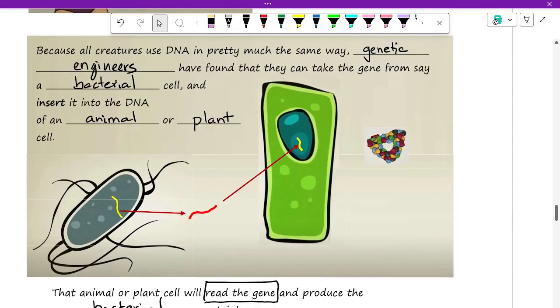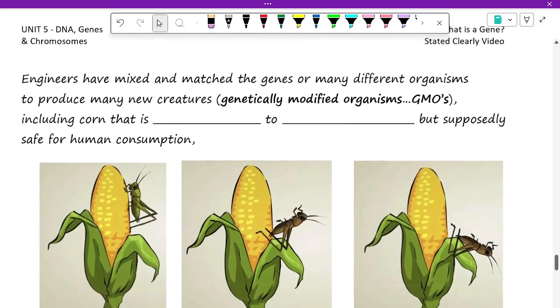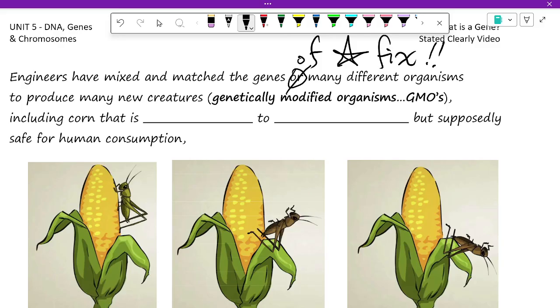We good? Okay. Engineers have mixed and matched genes of many different organisms to produce many new creatures. Genetically modified organisms. Have you guys heard about GMOs? Yeah.